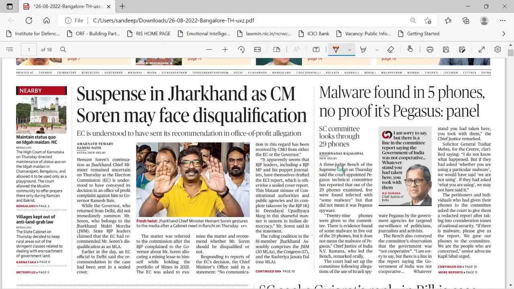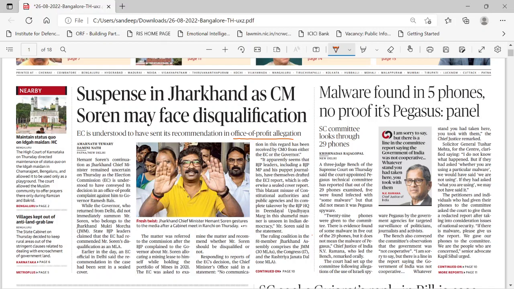Now, when we are talking about the office of profit, what is the meaning of this? Whenever a government employee, minister, MLA, MP, anyone, if they do businesses associated with their own systems, organizations, they all come under office of profit.